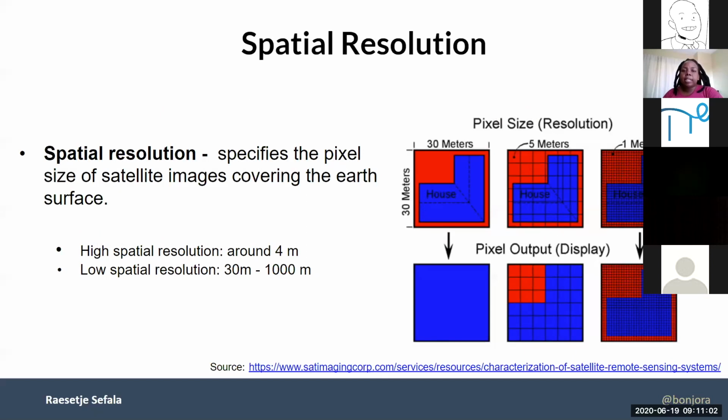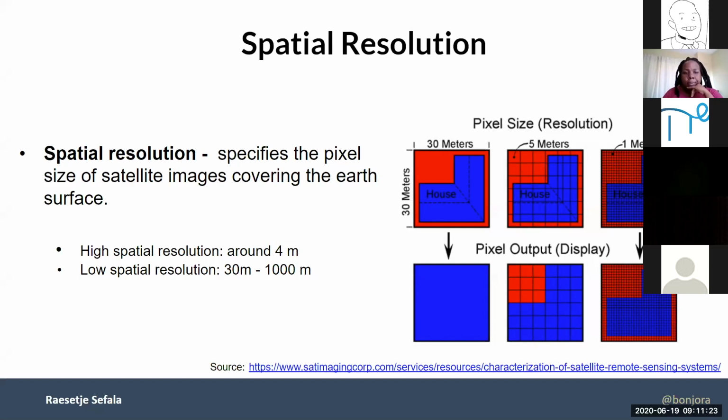So what is spatial resolution? When you're dealing with satellite images, the quality of the resolution is very important, because it defines how well you can see objects on the ground.